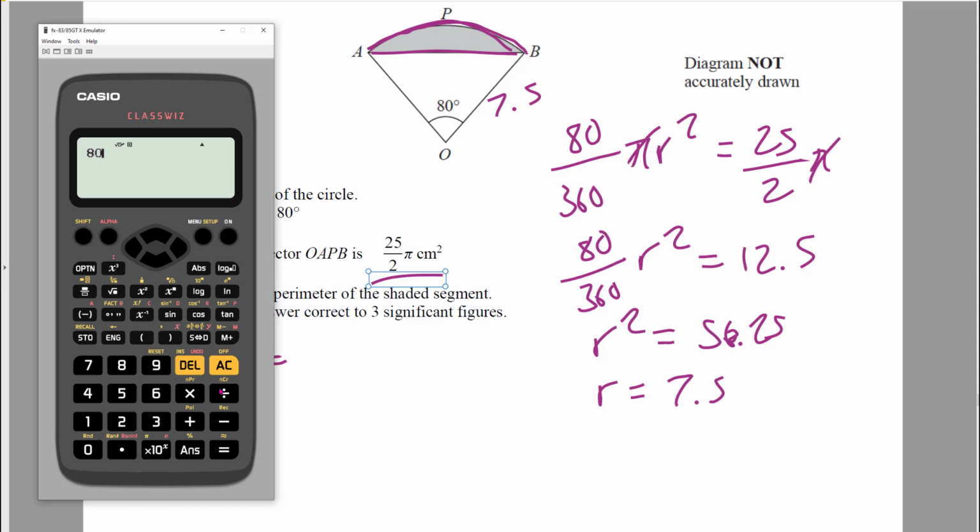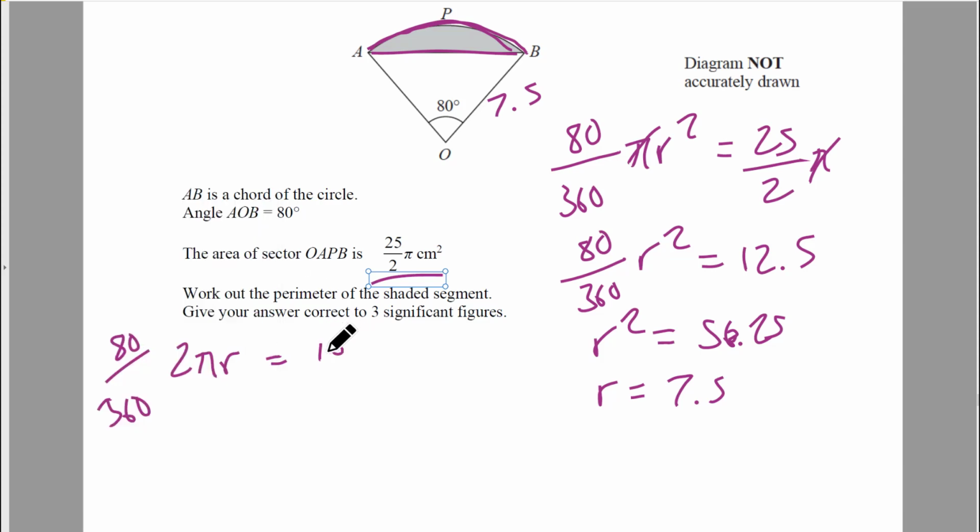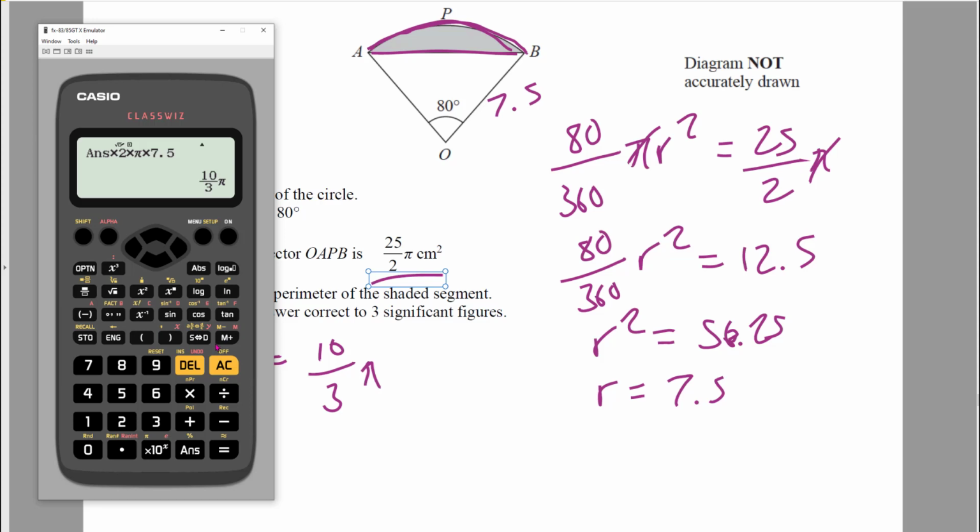So 80 divided by 360 times 2 times pi times 7.5. Let's just leave it in terms of pi right now. 10 over 3 pi. Or should I just write the number? That should be alright. 3 significant figures, so let's just use 10.472.